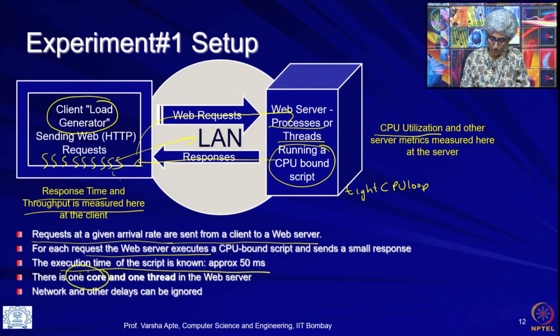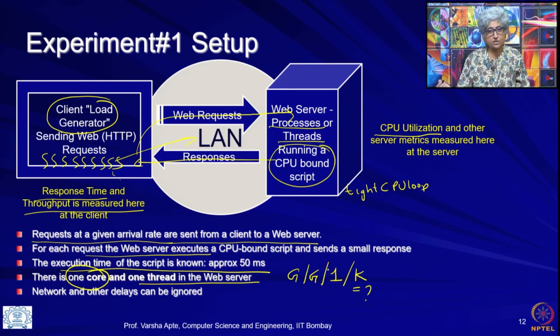There is one core in the server and one thread, so it is basically a single threaded system. Okay. So it is G/G/1, and actually there is a limited buffer, but we do not know what that is. Because in real life in the server there will be a maximum number of processes or maximum number of requests that can queue at the web server.